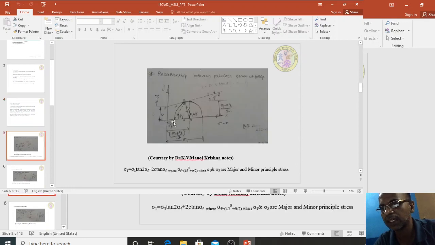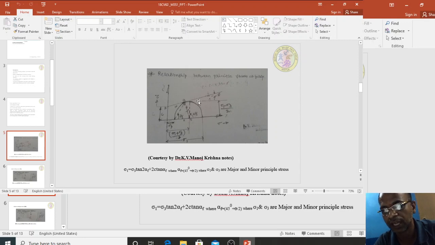You can see here the x-axis is stress and the y-axis is also stress. Sigma 3 is the minor principal stress and sigma 1 is the major principal stress. If you plot a Mohr circle and take a failure plane, that is alpha f, wherever it intersects you will get a pole, and perpendicular to the line you draw a tangent.